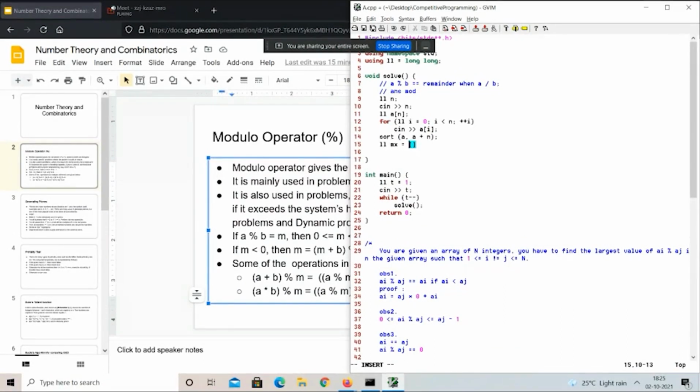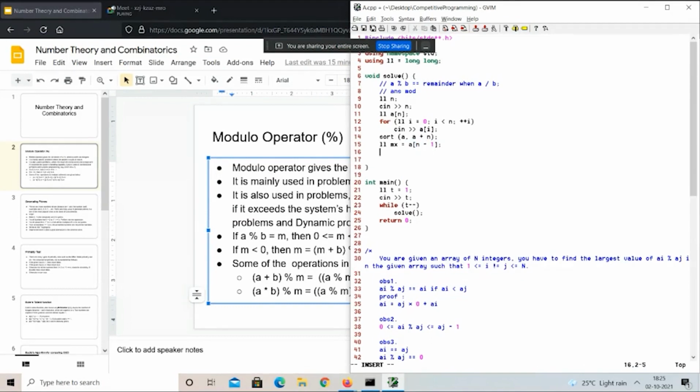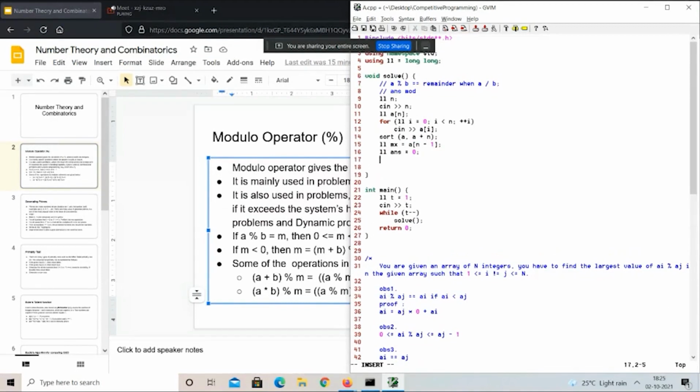Then we will take the AJ value, which is the largest number, and we will assign answer to be 0. We will iterate from the second largest, since when you sort this, it is basically sorting in ascending order.